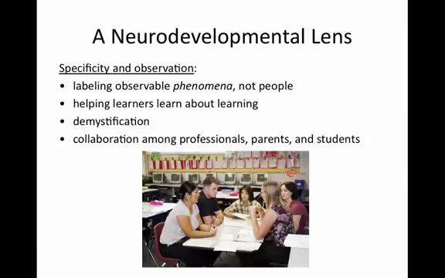So if a student is struggling with social thinking or social behaviors, we want to observe the phenomenon of the breakdown of that student's social interaction as opposed to thinking of a student as someone who's socially challenged or socially awkward.